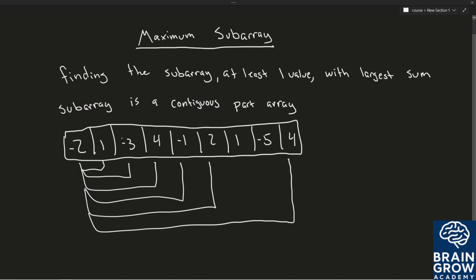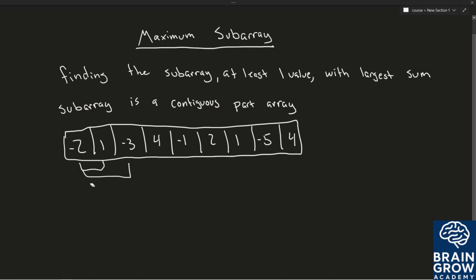So what we want to do is find a subarray in this array which is at least one value with the largest sum. There's a couple of different approaches that we can look at, but let's try to do one of the most efficient, and let's go with the linear solution. What we'll do is start at -2, so obviously we have -2 here.